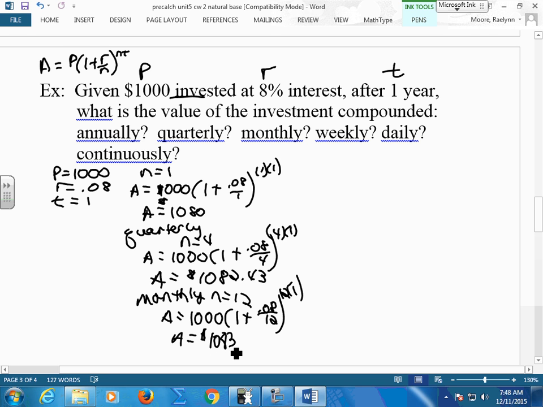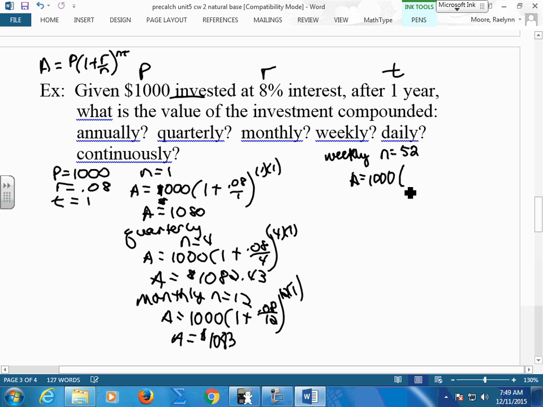So you can see that even though we're compounding these more often, and we started with our initial investment, and our percent was fairly high, we're growing slightly. Compounding weekly, what's N? Yep, 52, standard.